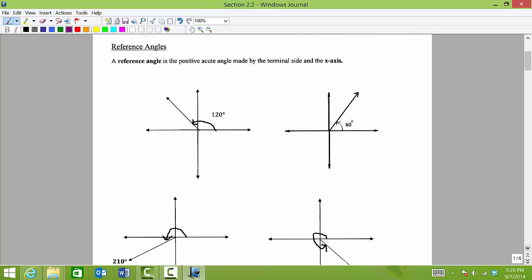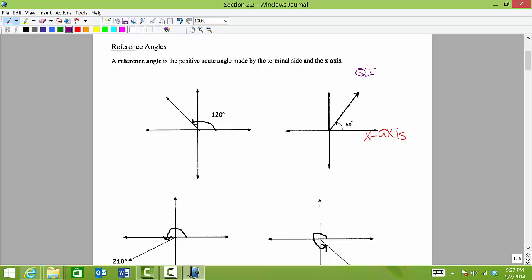A reference angle is the positive acute angle that is formed by the terminal side of our angle and the x-axis. It has to be the x-axis, so be careful that you're using the x-axis and not the y-axis. Here, let's look at this one first. Here our angle lives in quadrant 1, and we see that it is already acute.